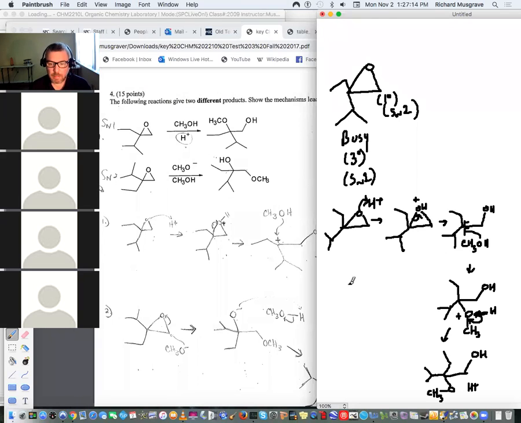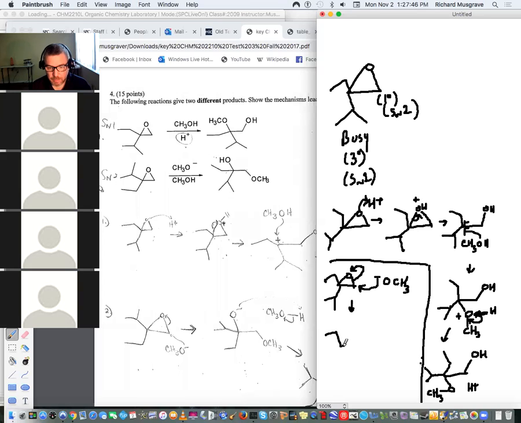Now for the bottom one, the bottom one is fewer steps. And because it's primary that's being attacked, it's going to go SN2, which is 1 step. And that is going to be O that time, Rebecca.